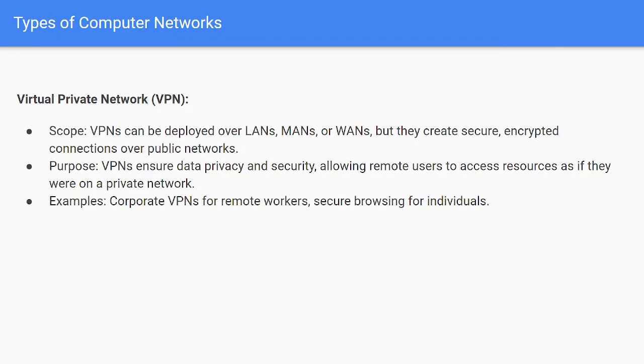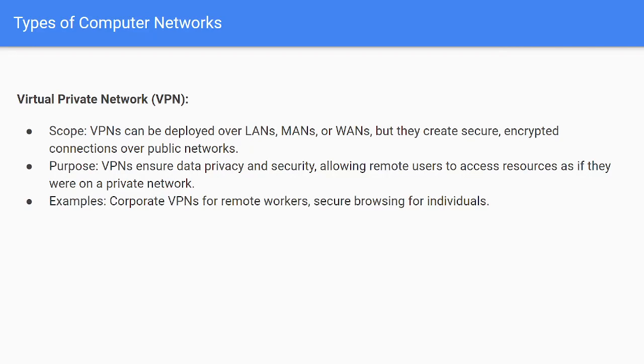So what happens is that a tunnel is created by which the user, for example a co-worker, wants to access the corporate environment like the office network, and the person is at home. The person can connect via VPN to the office network, and that connection is going to be secured and encrypted.